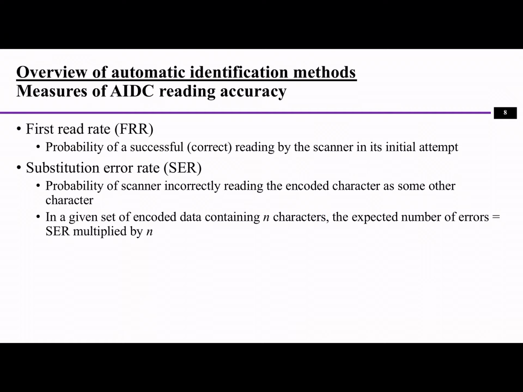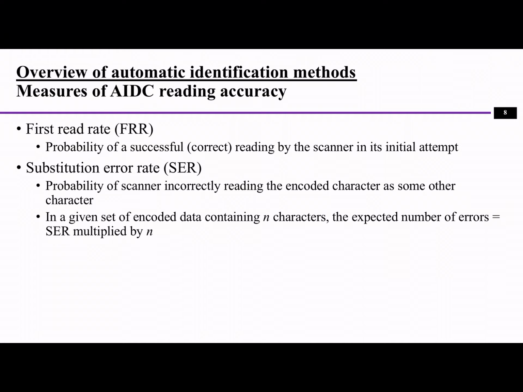Especially in prior years, you might have seen that people had to scan it several times until it could be read. If the technology is well developed, the first read rate should be high, which means you scan it and immediately get a result. So that's the first read rate.